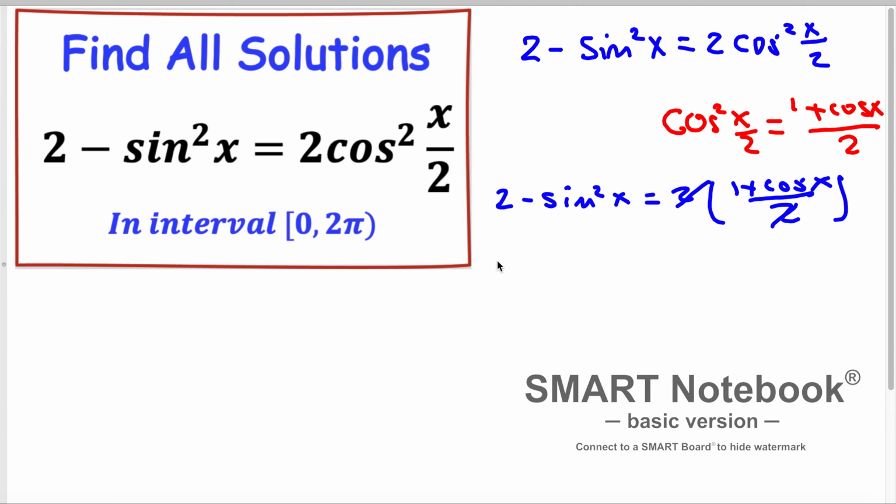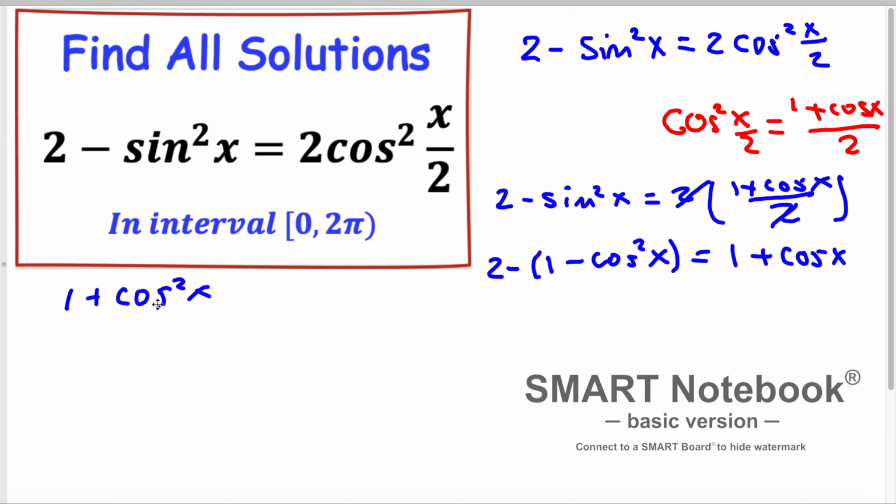So we can write 2 minus 1 minus cosine square x is equal with 1 plus cosine x. Let me rearrange a little bit of this equation. 2 minus 1 is 1, and negative times negative is a positive, we get plus cosine square x, and everything here is equal with 1 plus cosine x.